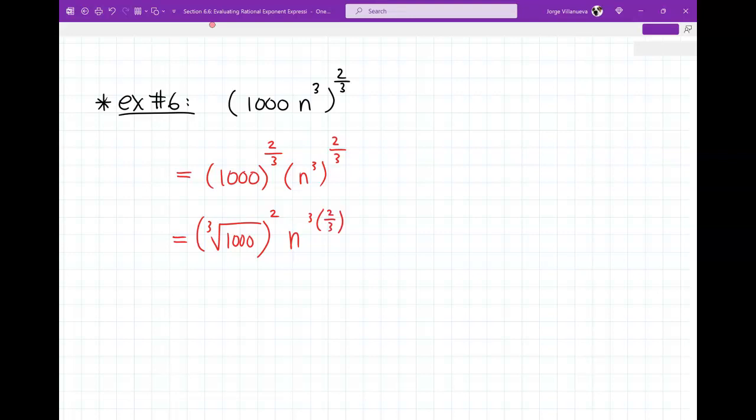Because remember, you multiply powers to powers. Now, the cubed root of 1,000, that's 10. And I'm going to square that. 3 times 2/3 is what? 2. Right? And 10 squared is 100. So it's 100 n squared.